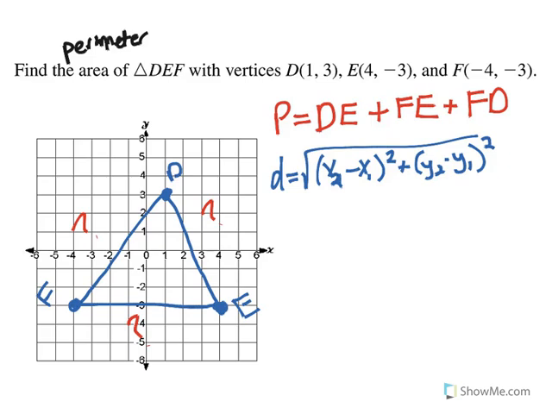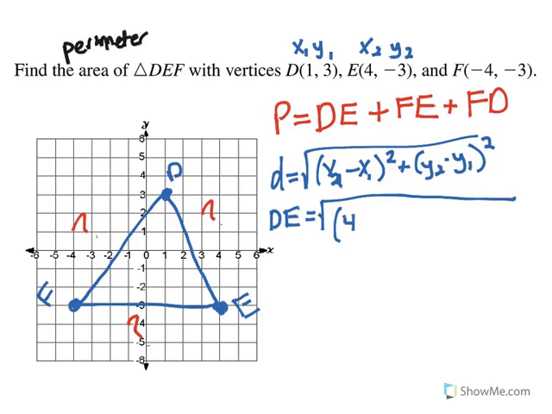So I need to solve the distance formula for each of these in order to find their lengths. So I need to use my points. Let's start with DE. I'm going to use D as my x1, y1, and E as my x2, y2. And then I just plug it in.